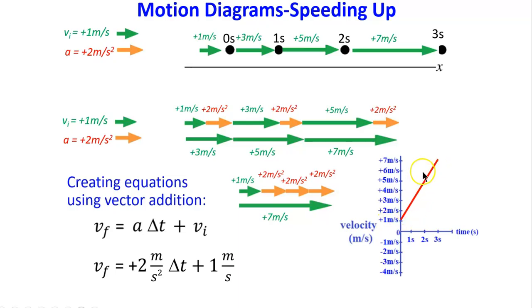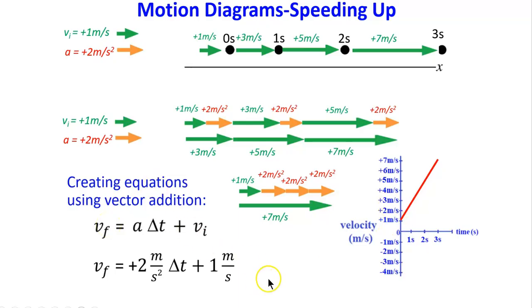The slope of this line is going to be positive 2 meters per second for every second. This is a line, and we're going to do a linear fit, so this is y equals mx plus b, except b, the y-intercept, is now your initial velocity. The slope is the acceleration, the x variable is time, and that final velocity is what you're trying to predict.